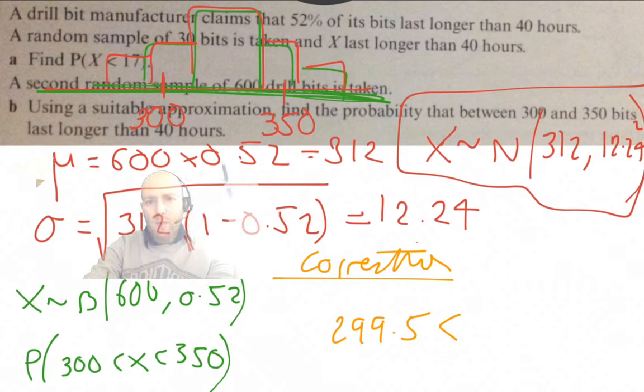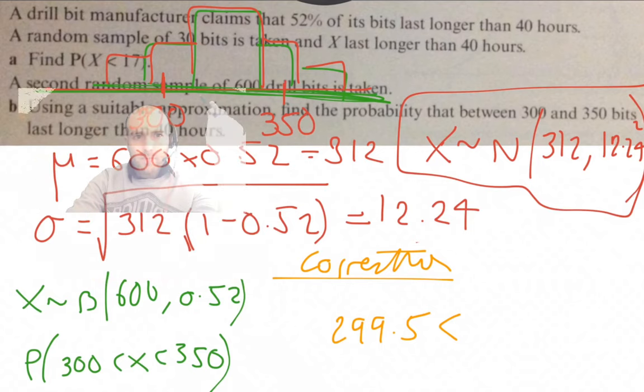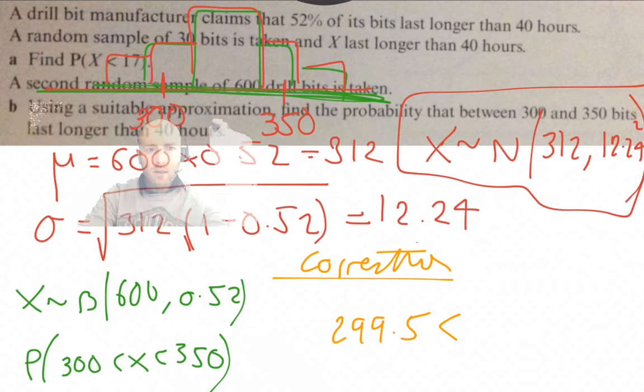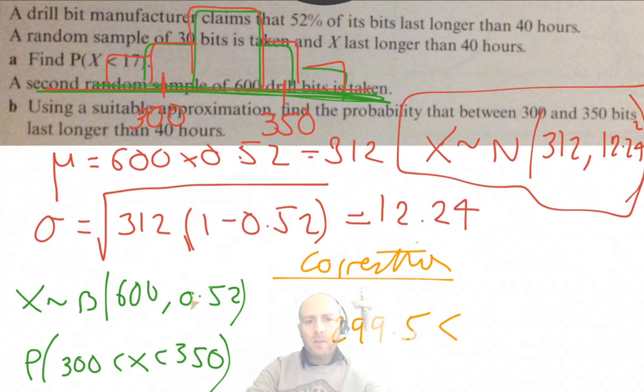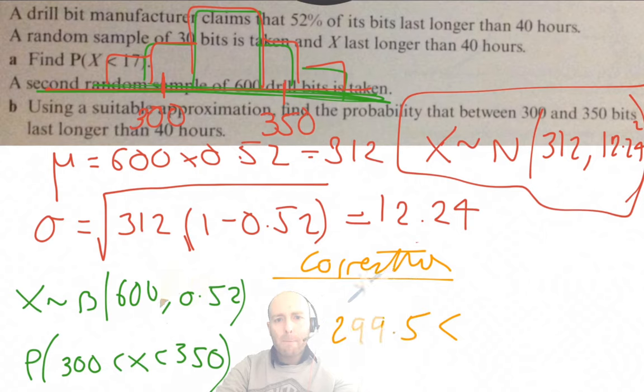Between 300 and 350. Just wondering whether to include these or not. I think we do want to include both, yeah.